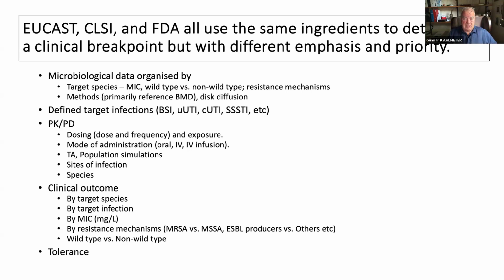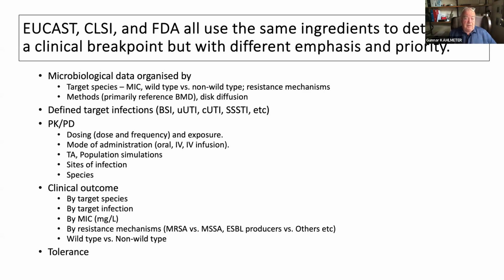One of those things, for example, is that we are now absolutely united in how to develop disk contents for new agents. It will hopefully never again happen that CLSI and EUCAST for a new agent will recommend different disk contents, because we're both part of the same disk content process, and we discuss until we agree.